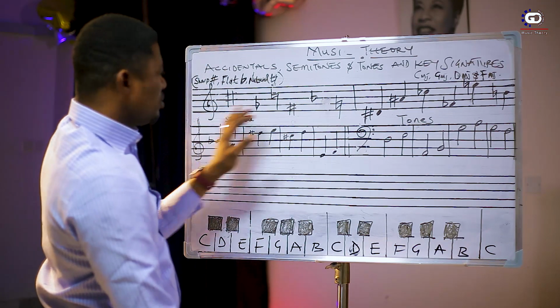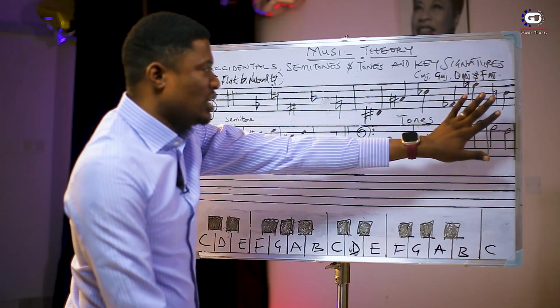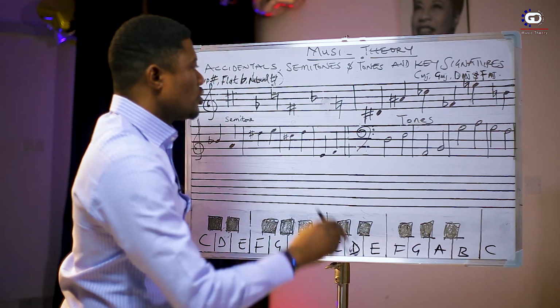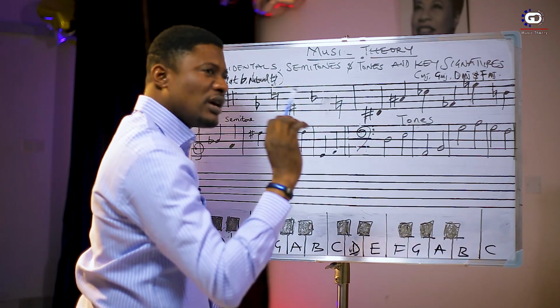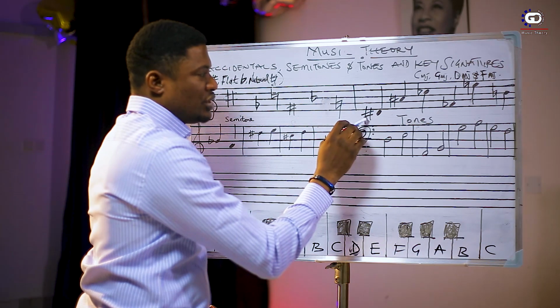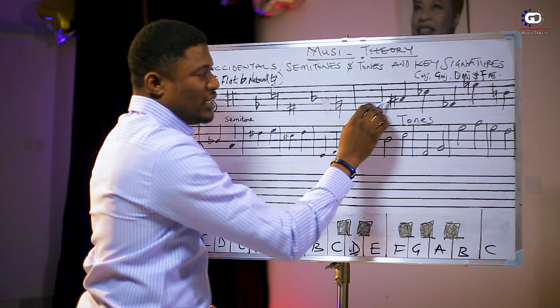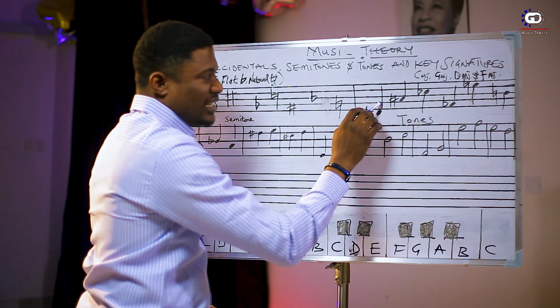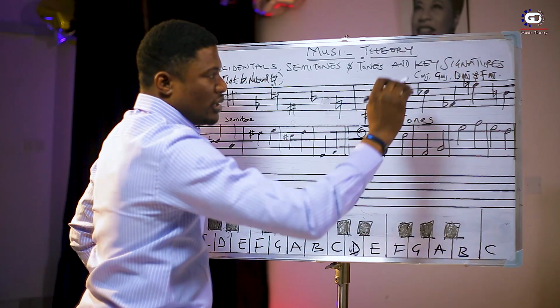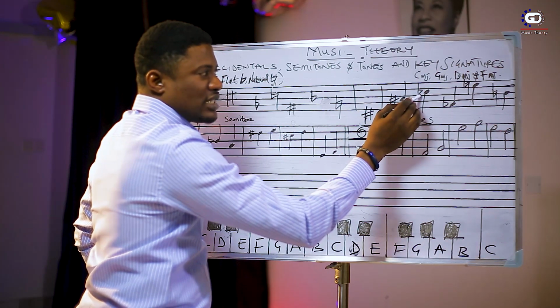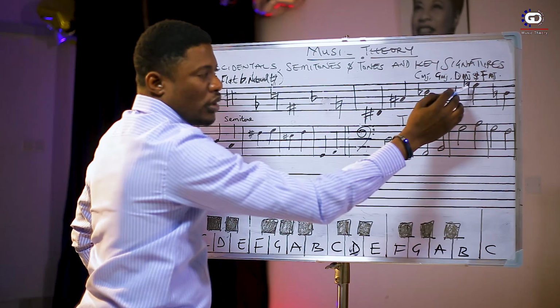Now let me take you through how this is written. When you are placing your sharp, flat, and natural, you have to be conscious of how you place them. For the sharp, look at the two lines, and the cross line must tilt upward a bit, and the flat must also tilt upward.